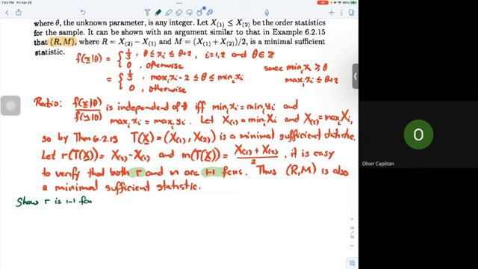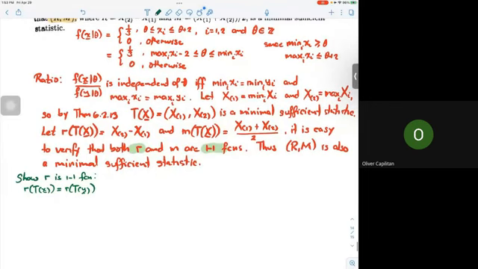Ano nga yung sa one-to-one function? You're going to assume that R of T of X for any two sample points is equal to R of T of Y. And then we're going to show that T of X is equal to T of Y.